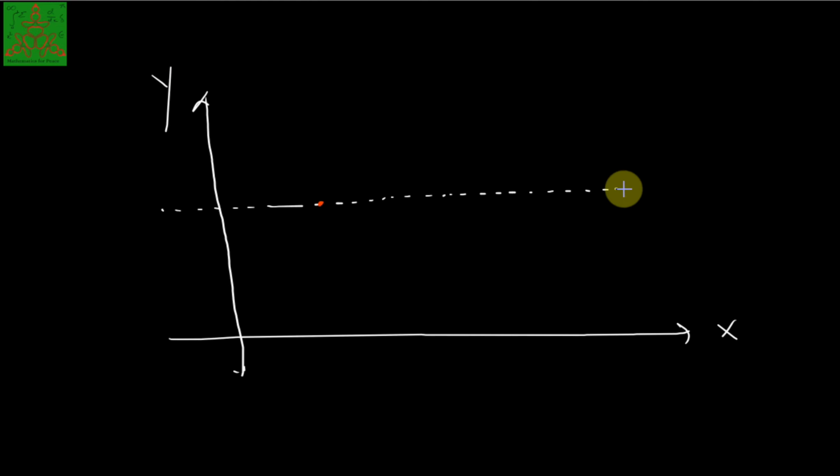Let's say this is my point A and this is the point B. Now I'm giving you a task: plot any graph in between joining these two points, which has to be continuous as well as differentiable.